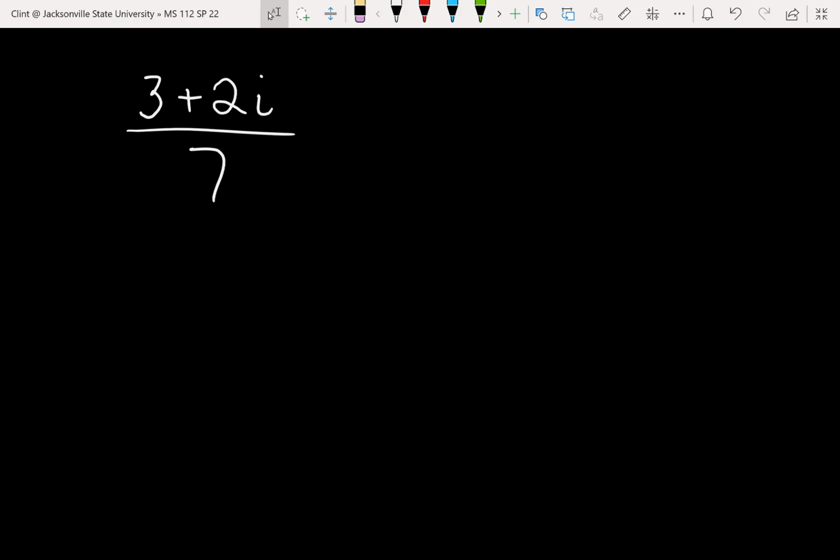So essentially we're going in reverse from if you have a fraction and you're trying to get a common denominator so you can add things together. An equivalent way to write this expression is to take each term on the top and put it over the denominator. And then the i you can put out to the side.